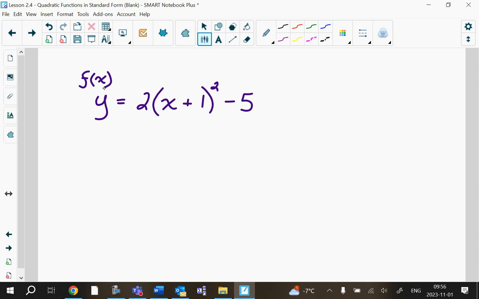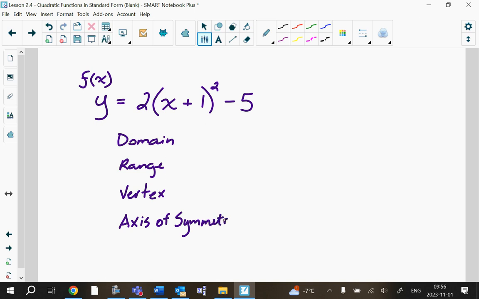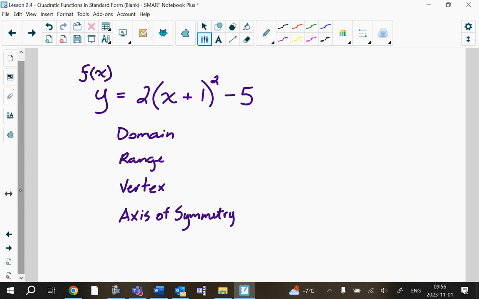What are all the different types of properties that you have been asked to state? Give me one. Domain and range. Vertex. Axis of symmetry. Max min value. Good.